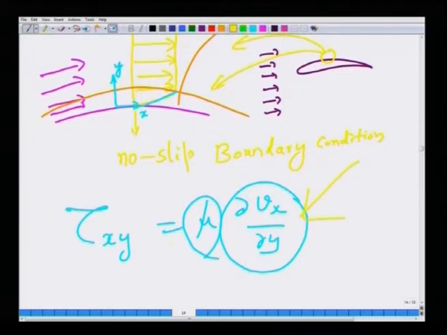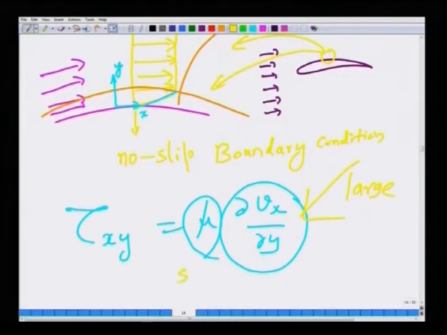But we just showed that there are physical reasons to believe that close to a solid surface the velocity gradients can be large, because the velocity has to go very quickly from its free stream value back to 0 at the surface. So, when this becomes large, when in some sense the viscosity is small, although we have to nondimensionalize to make this argument more concrete, which I will do in a minute, this is a very quick justification as to why viscous shear stresses become important in the boundary layer, because you are multiplying a large quantity by a small quantity and you are not multiplying a small quantity by a moderate quantity, so that you can neglect shear stresses.